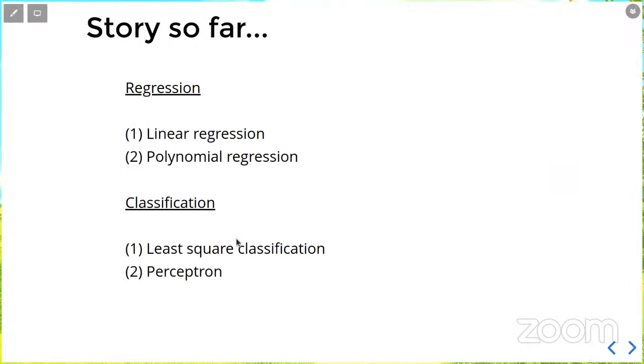Okay, so week 1 was just an introduction. Weeks 2 and 3 were about regression, and we saw linear and polynomial regression. And then week 4 was about classification. We started off with extending linear regression to classification, which is least square classification. That was one model, and then we moved on to perceptron, right?